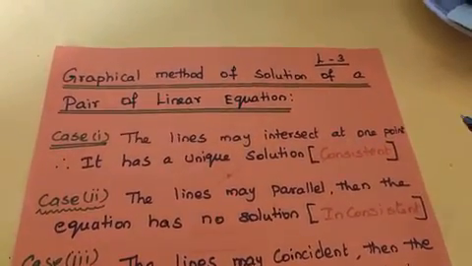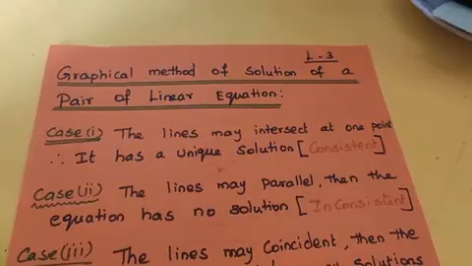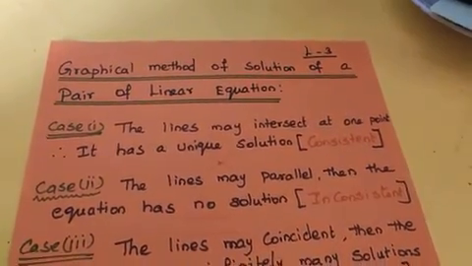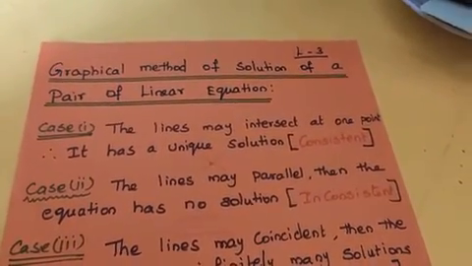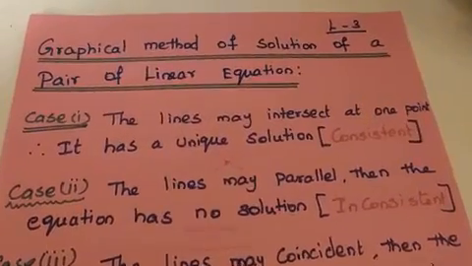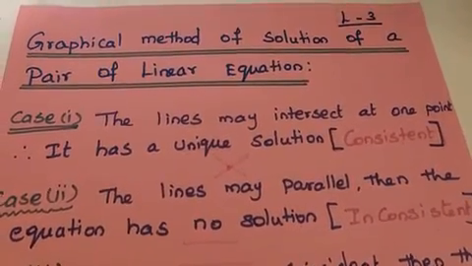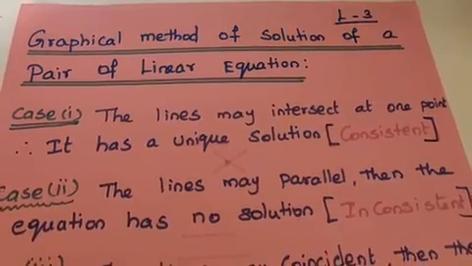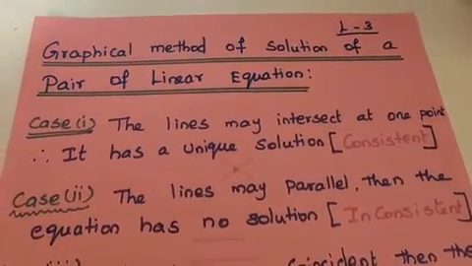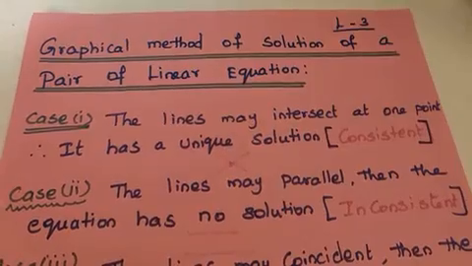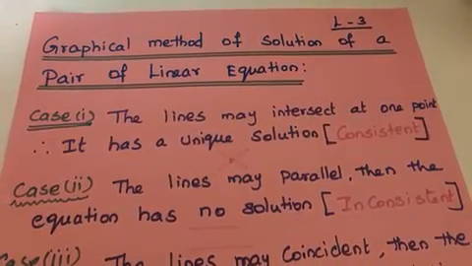Now, in the first lecture and the second lecture, we discussed the graphical method only. I said three types of cases arise when we are moving through the graphical method. The lines may intersect, or they may be parallel, or they may be coincident, right? We are going to discuss that only, but in a different manner.